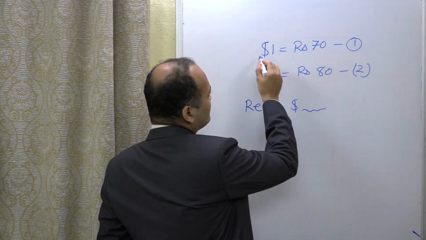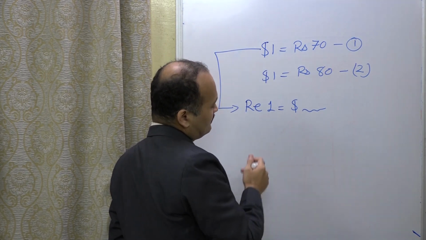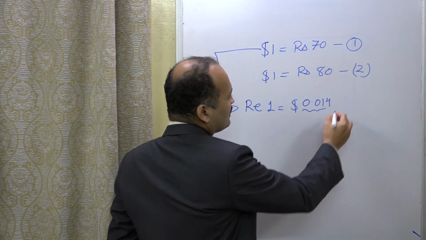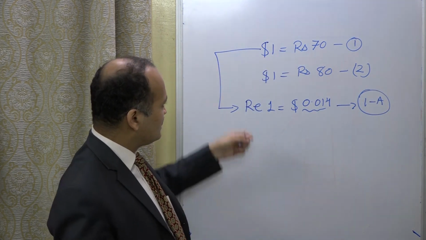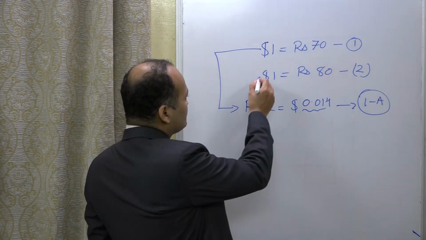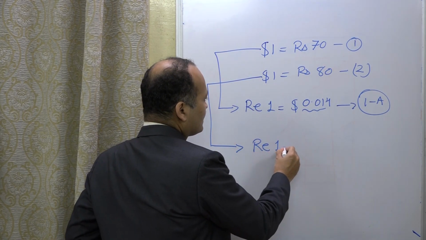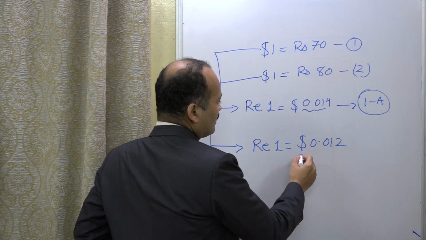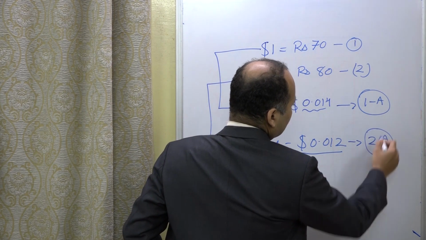Now, if we consider scenario 1, this can alternatively be represented as rupee 1 is equal to $0.014, and I am representing it as 1A just to present equation 1 in an alternate fashion. Similarly, equation 2 can be represented as rupee 1 equal to $0.012, and this will be my equation 2 alternate version.